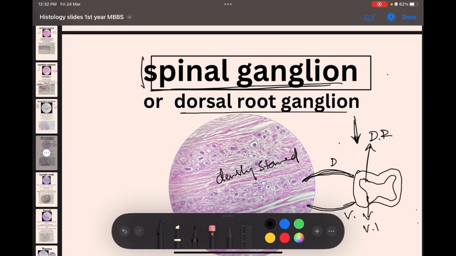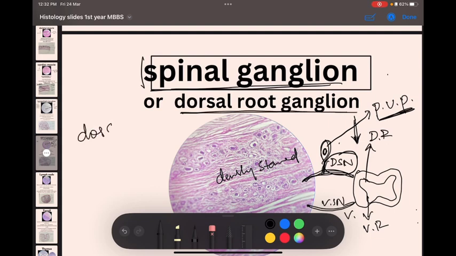This is the dorsal spinal nerve, ventral spinal nerve. From here we get a ganglion. If you remember, from the dorsal spinal nerve we have a pseudounipolar ganglion. So this ganglion is called the dorsal root ganglion, or also called the spinal ganglion. Done.